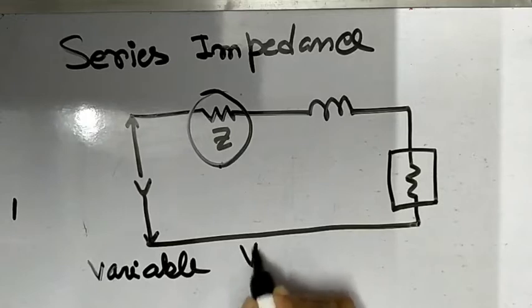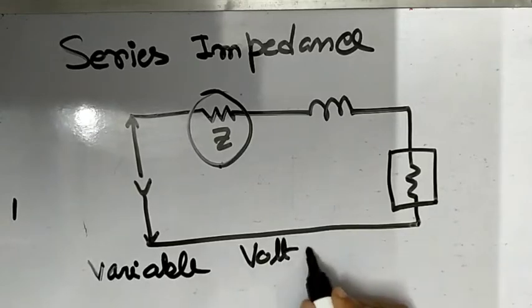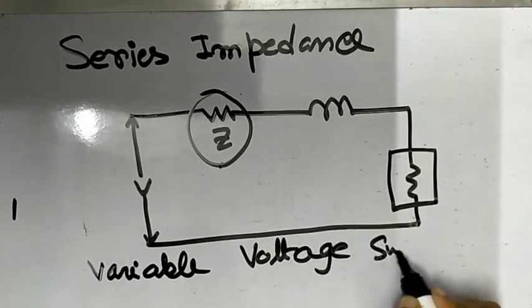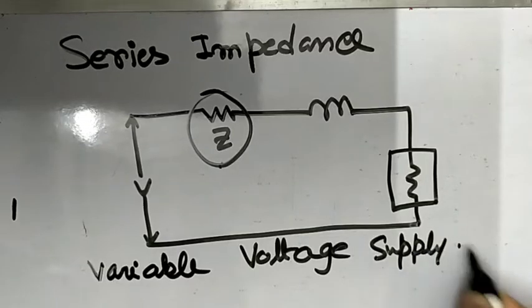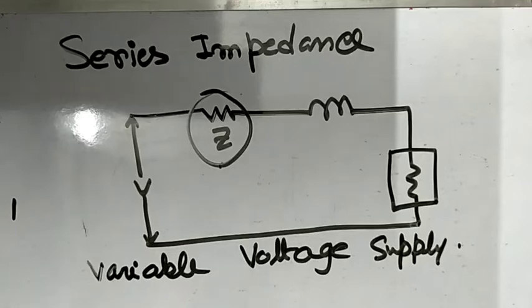If the furnace is very big and there may be an independent generating set for the furnace, we can give variable voltage supply to it. So by these three methods, autotransformer or induction regulator, series impedance, and variable voltage supply, we can control the voltage applied across the element.